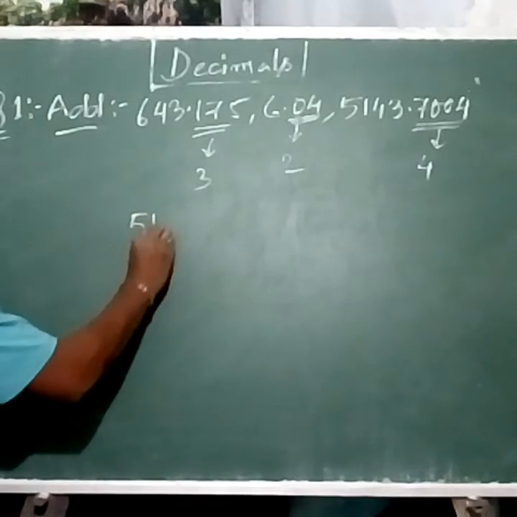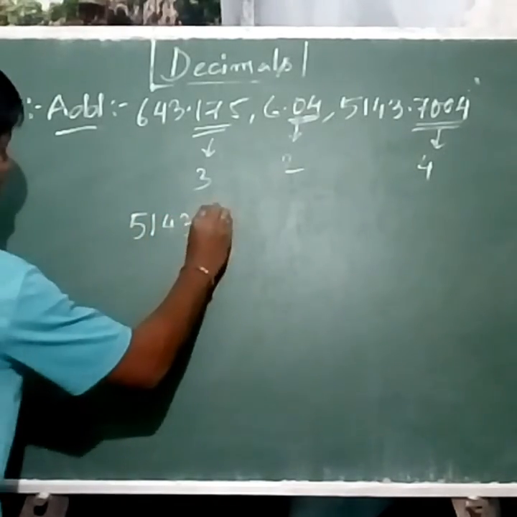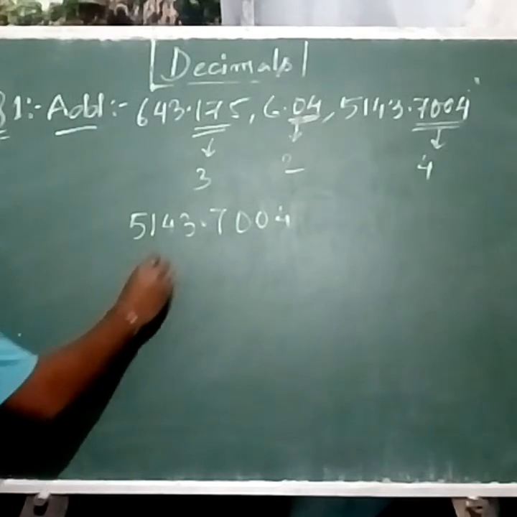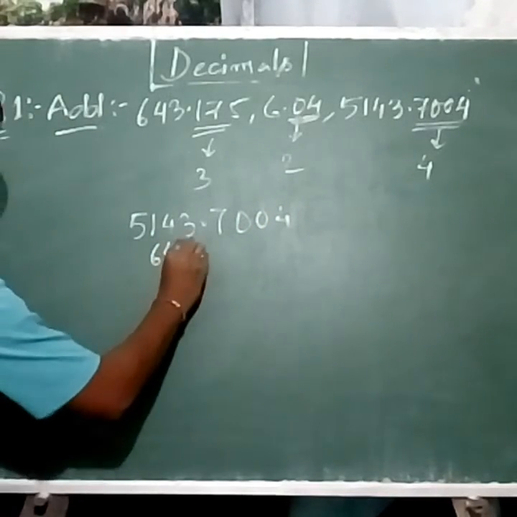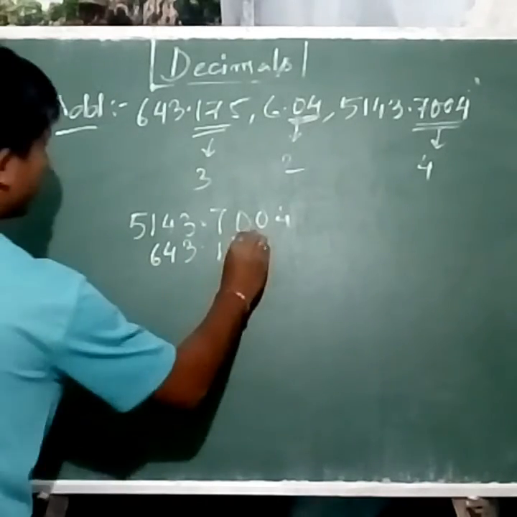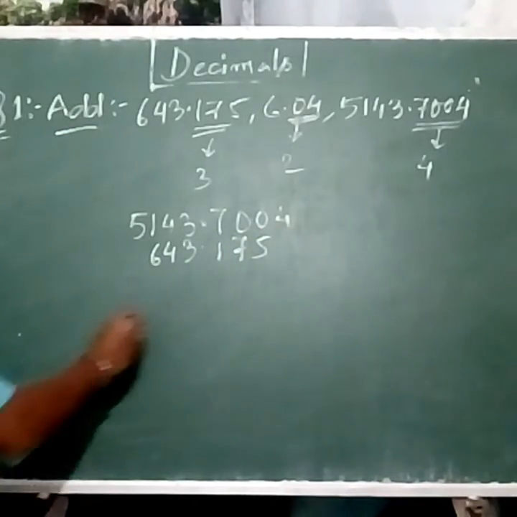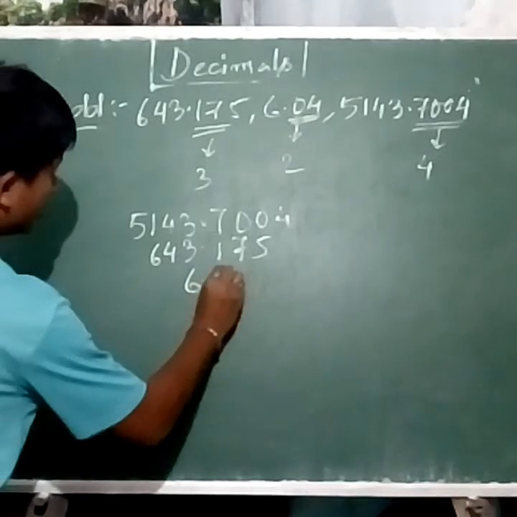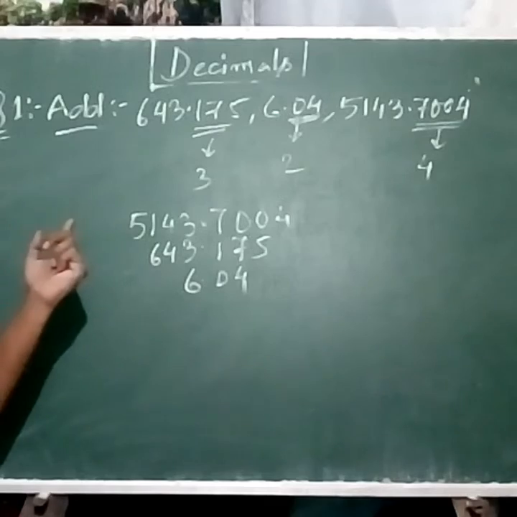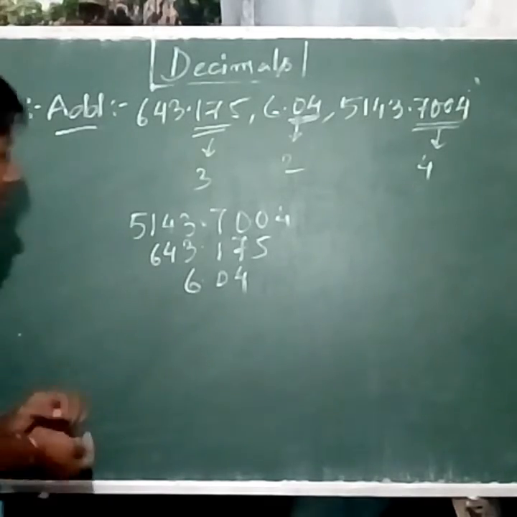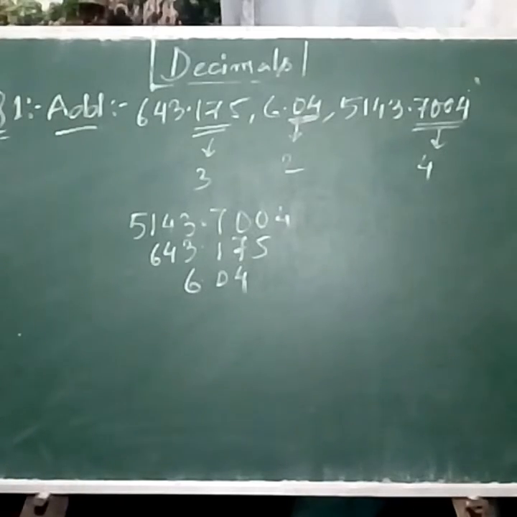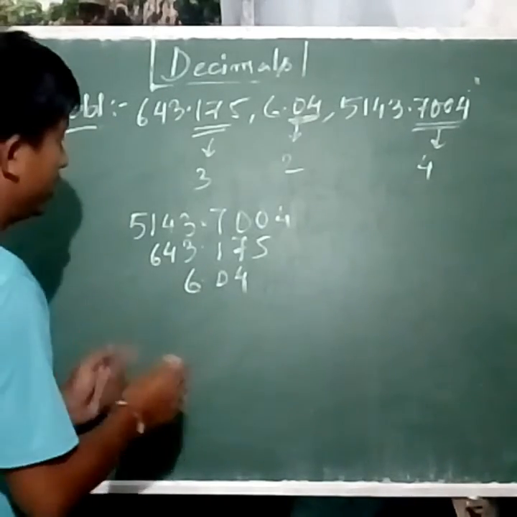So 5143.7004, 643.175, and the third one 6.04. What about the important property: adding zeros to the last digit of the decimal part does not change the value of the decimal.